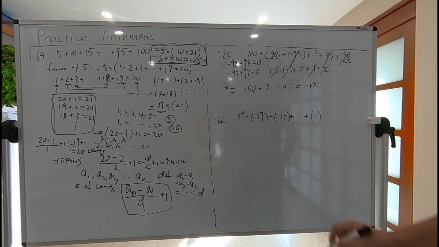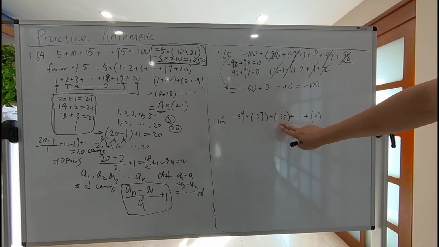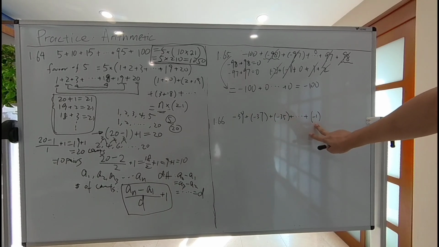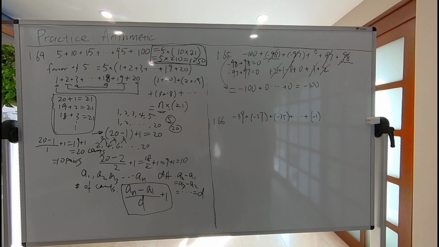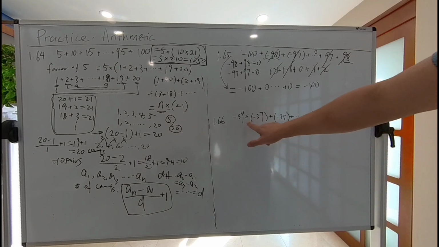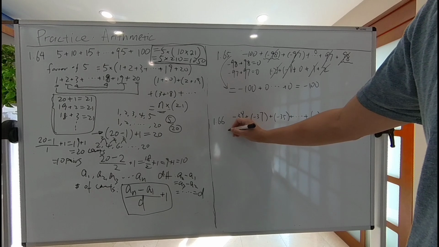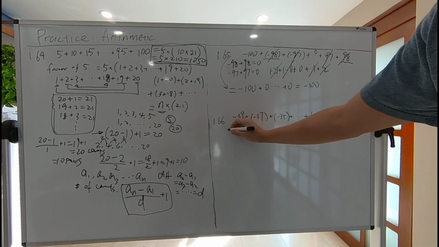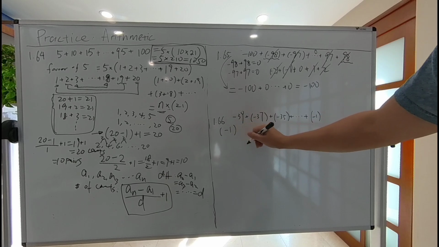The next one is taking the summation from negative 39 to negative 37, negative 35 to negative 1. So it's a changing series with negative numbers, and the difference is 2, or negative 2. So first of all, maybe it's easier to simplify the question by factoring out the negative sign.